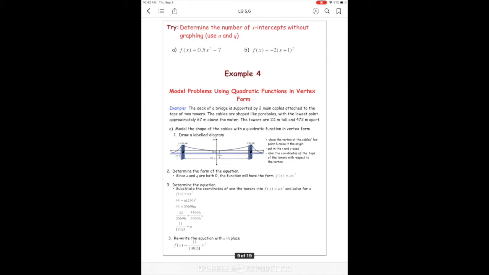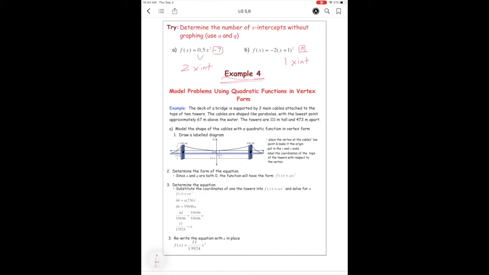Again, you can use your Desmos, feel free, or you can just use your a and your q to determine. So here it opens up and the q is below, so I know it's got 2 x-intercepts. Here the q is 0, so I know it has 1 x-intercept.